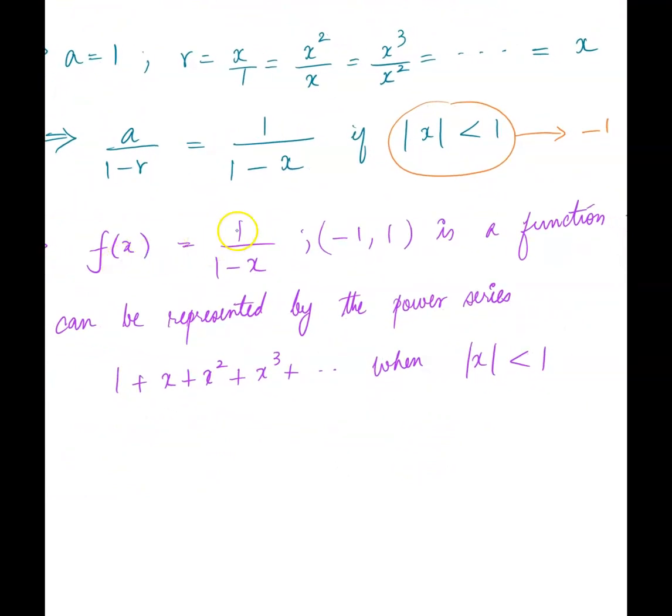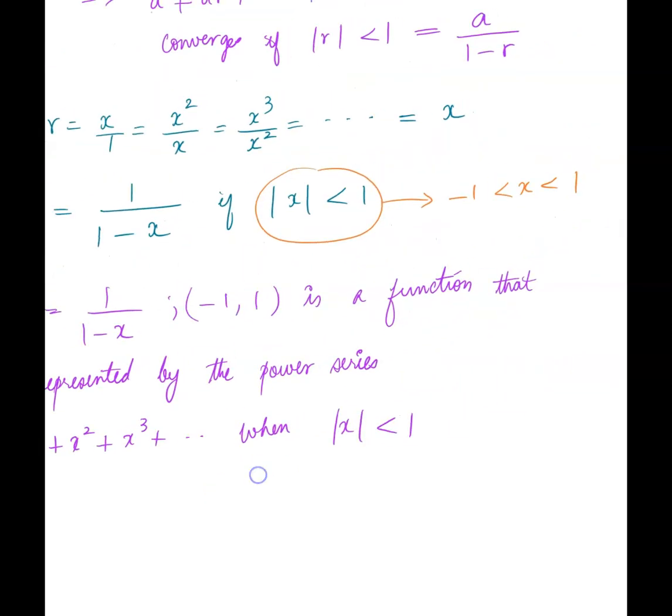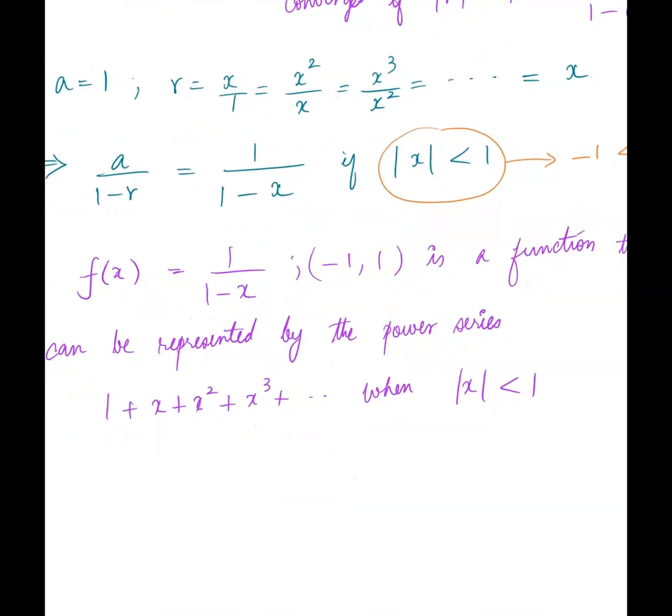We said f(x) = 1/(1 - x) is a function that can be represented by the power series when the absolute value of x is less than 1. Or in other words, in this interval negative 1 to 1, because absolute value of x less than 1, as I pointed out here in orange, is nothing but negative 1 less than x less than 1. This is what we established last time.